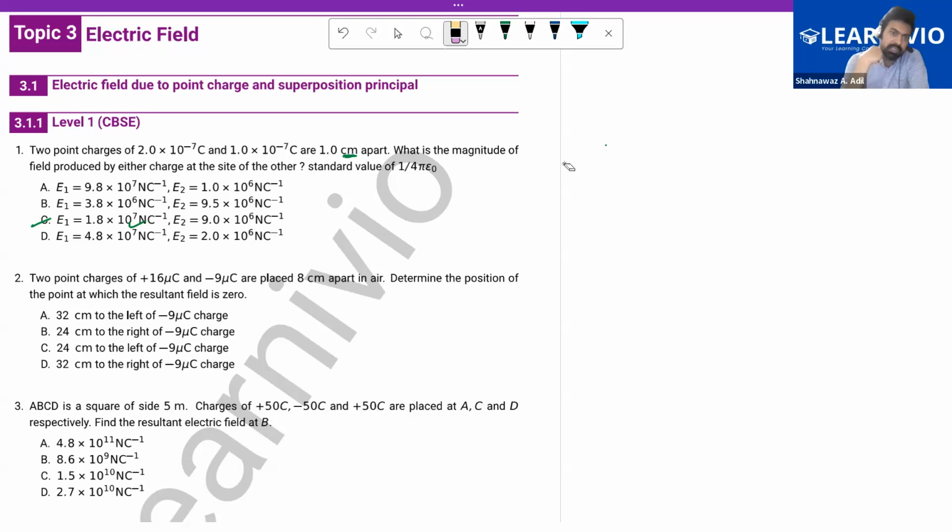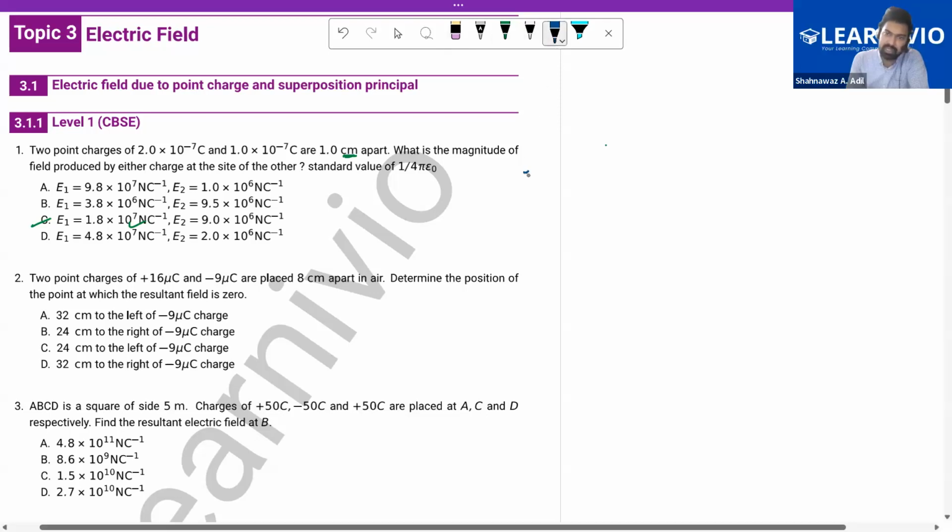So let us draw this diagram first, and then it would be easy to understand. We have two charges, 16 microcoulomb and the other one minus 9 microcoulomb, and the separation between them is 8 centimeter.